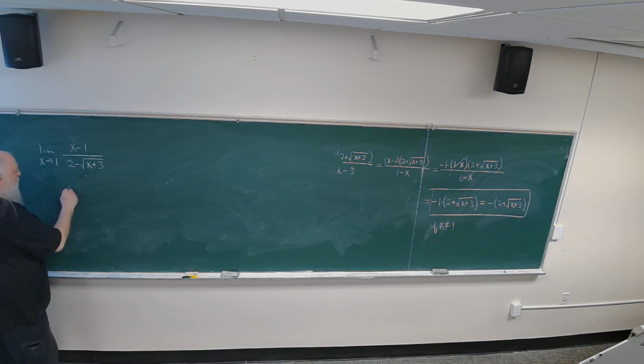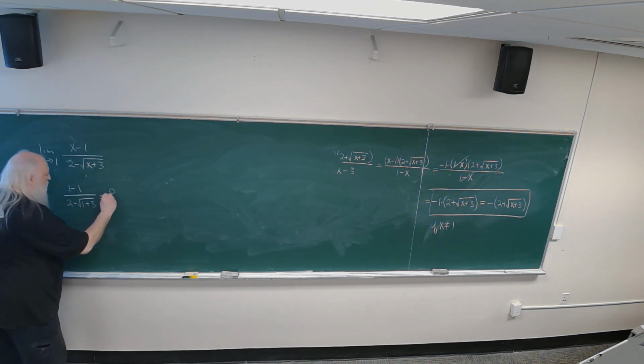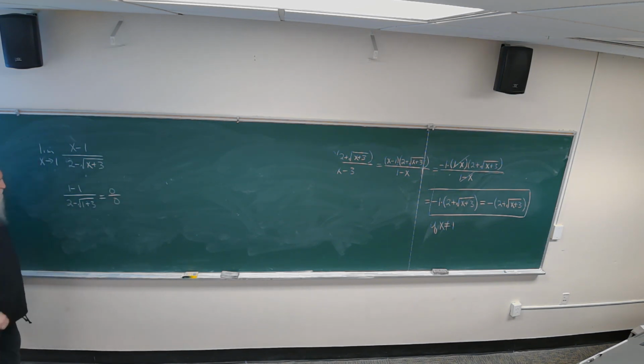So we do the direct substitution. We have 1 minus 1 over 2 minus the square root of 1 plus 3. When you do the order of operations, you end up with 0 over 0. So this quotient is undefined at x equals 1, but the limit may still exist.